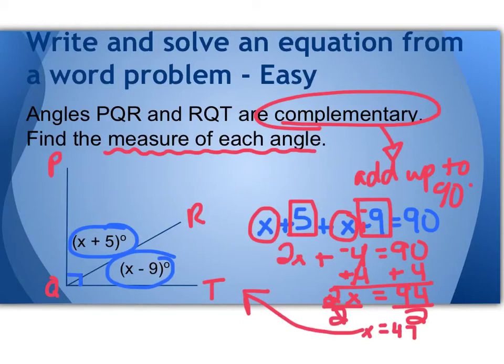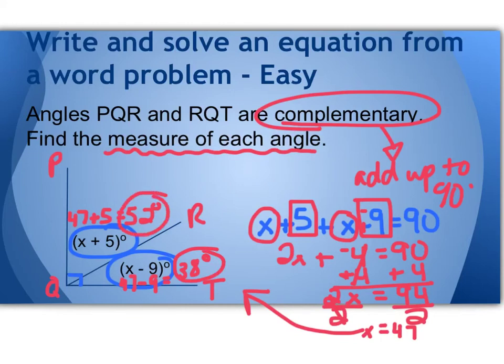So now I can plug in what I know, x is 47, into each of these. So I can do 47 plus 5, which will give us 52 degrees for that one. And I could do 47 minus 9, which is 38 degrees.